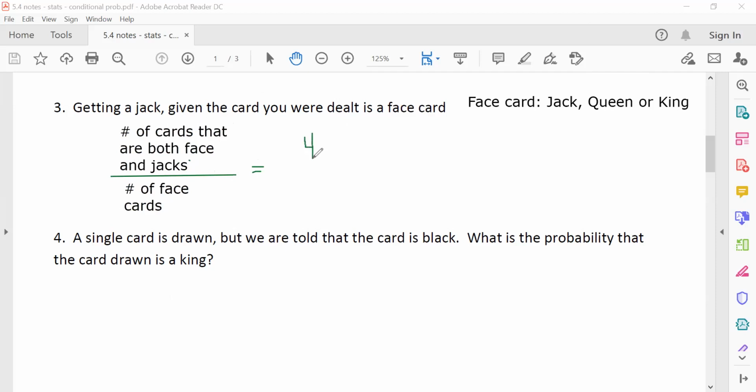It's the 4 jacks in the deck, because they are both jack and face cards. The number of face cards total, 4 jacks plus 4 queens plus 4 kings, is 12. So there's a 4 in 12 chance, or a 1/3 probability, 0.33333, 33.3333%. Yeah, if I tell you you're getting a face card, a third of the face cards are jacks, so there should be a 1/3 probability that you're going to get a jack.